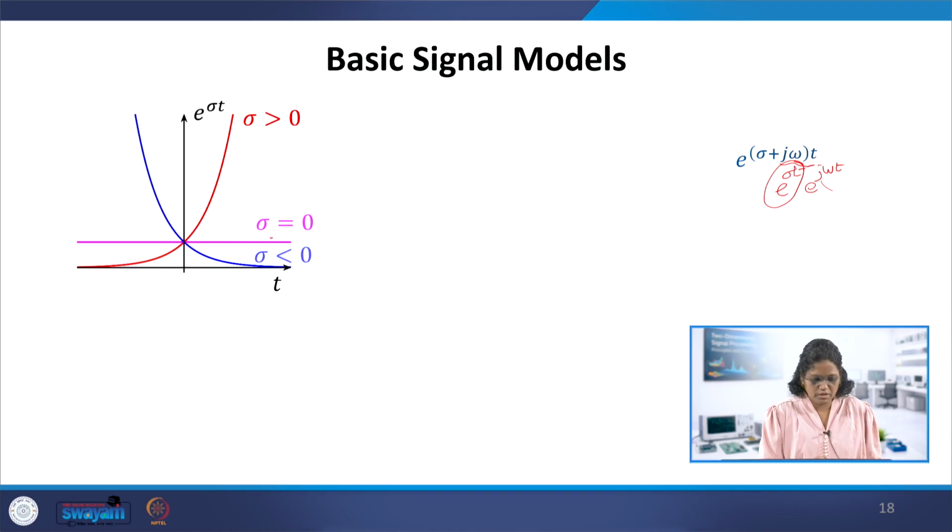That's where this line is plotted, sigma equal to 0. For any value of t, it is simply a constant value, here 1.